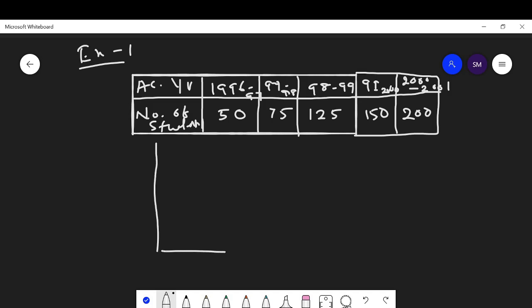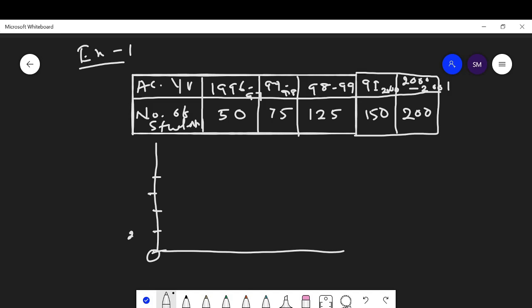Then this is the representation of the bar graph. This is 0, and you always draw it in your graph book. 25, 50, 75, 100, and we take the difference of 25.